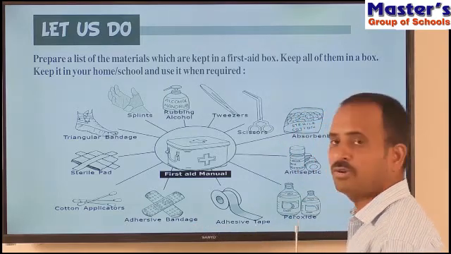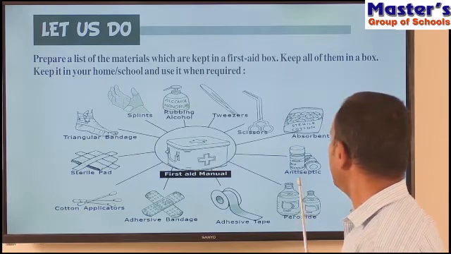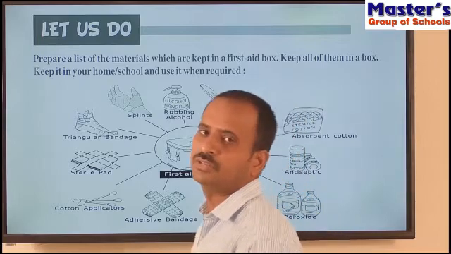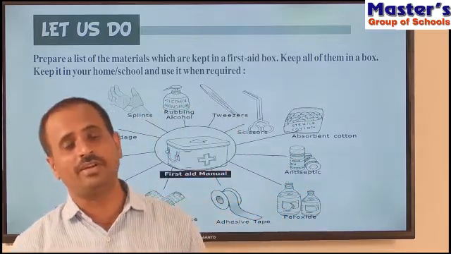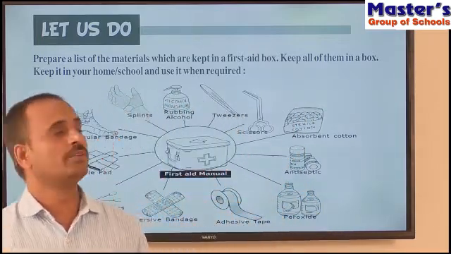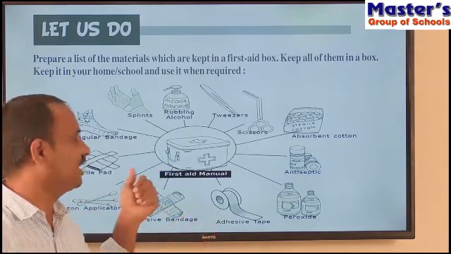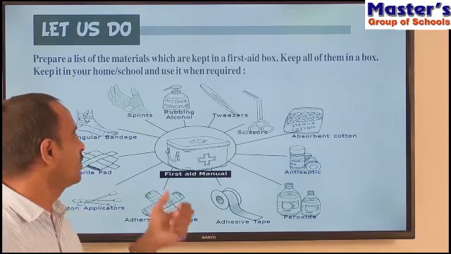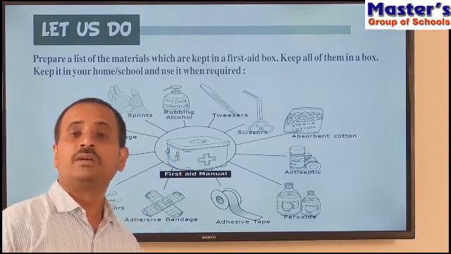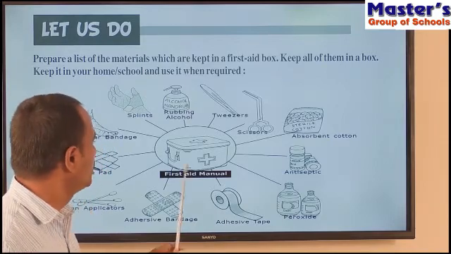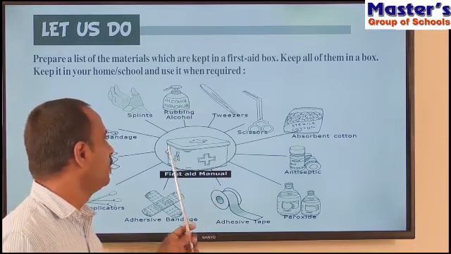And this is peroxide, this is antiseptic and this is absorbent cotton. So children, these are the different things we have to keep in the first aid kit. If this kit is everywhere, then it will protect an injured person and give support to the injured person.